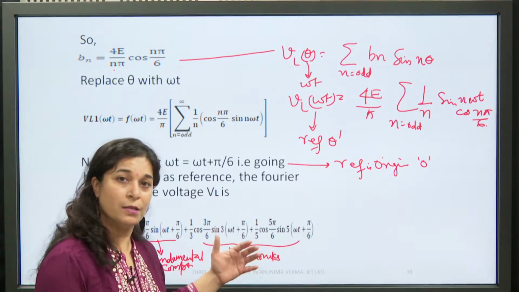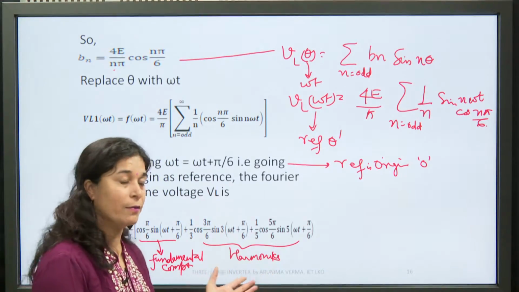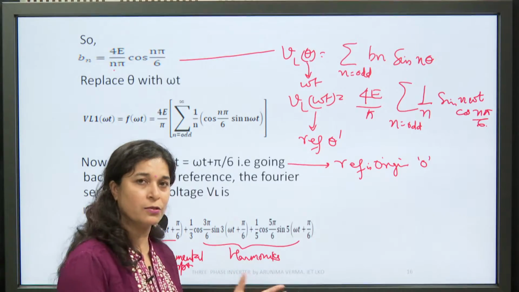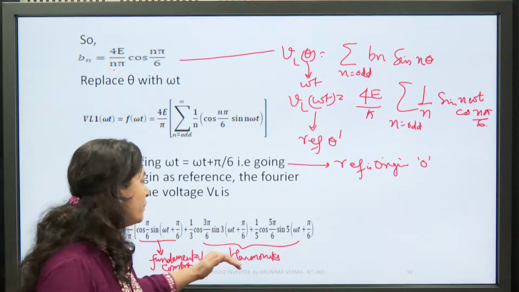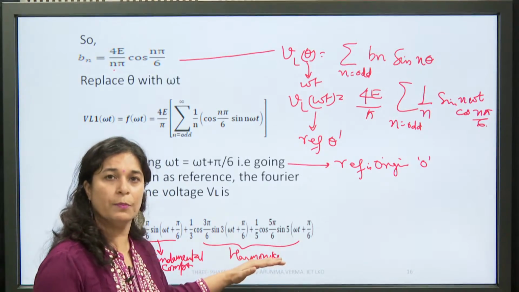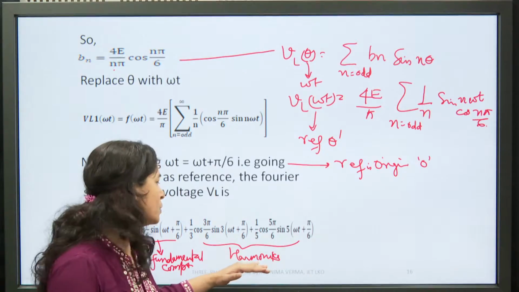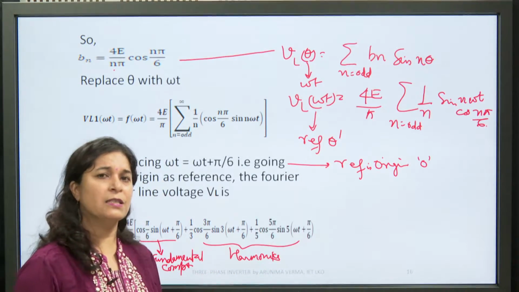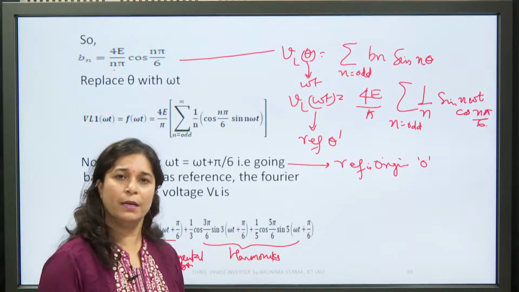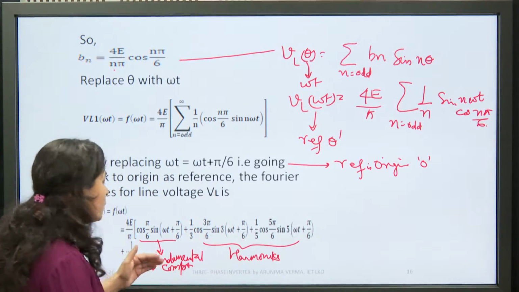We have a distorted waveform like a quasi-square wave or square wave. So, we apply certain techniques from outside to eliminate harmonics in some sense.